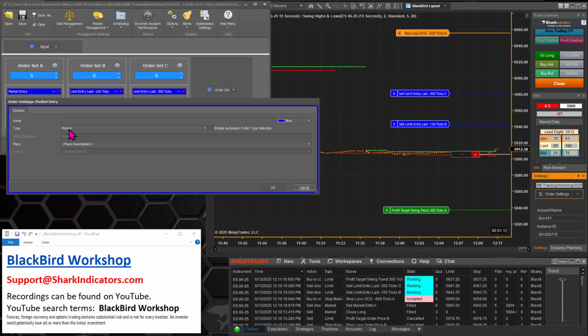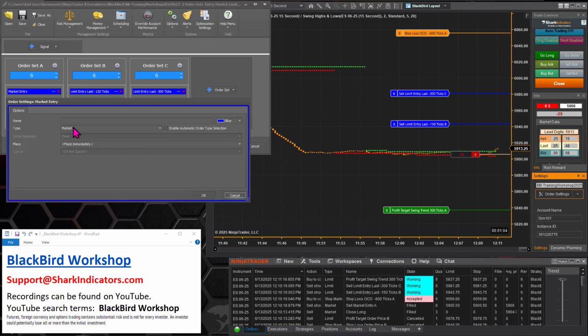Yeah, then what I mentioned before is that we can't use a market entry. We don't know exactly what that price will be, but if we switch to a limit or a stop here, I'll just set it as a limit order to the closing price, like so.